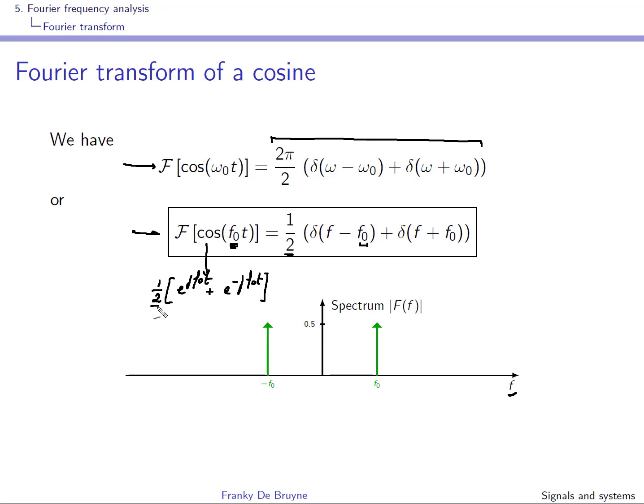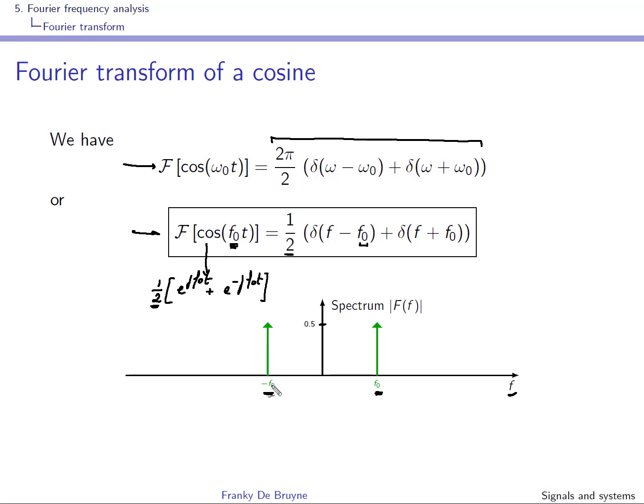So the half you see here is the amplitude a half, and we see that in this cosine there are two frequencies, one at f0 that's a phasor rotating counterclockwise, and then at minus f0 that's a phasor rotating clockwise.